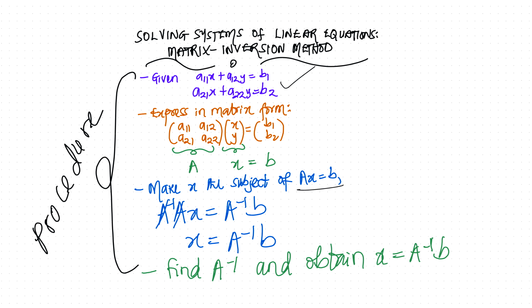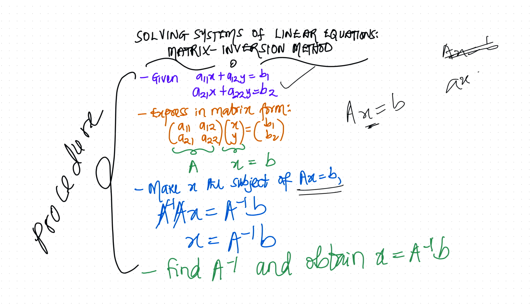Because you have AX equals B, you're looking for X. Normally, if you're dealing with any normal numbers, you should just say divide both sides by A, right? Let's assume A and B are just numbers.